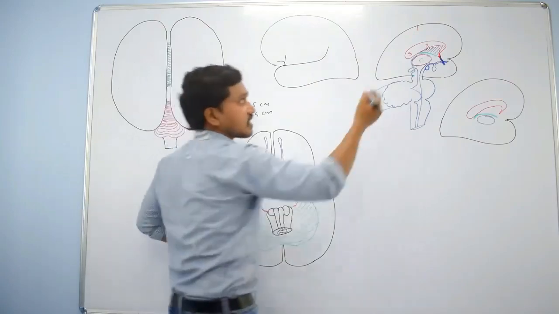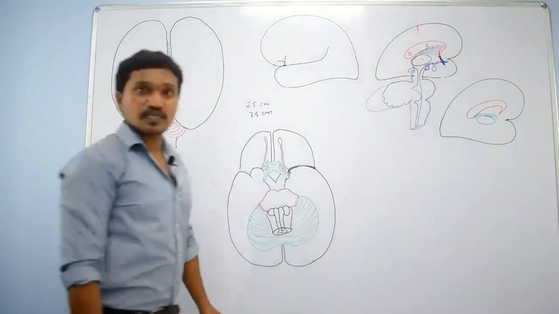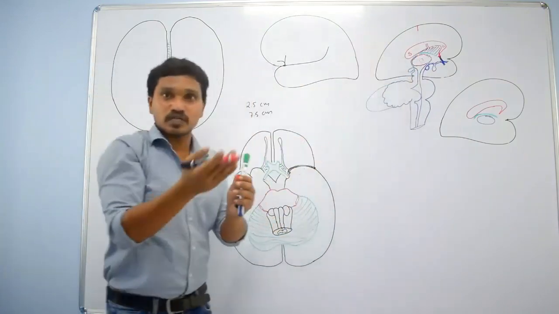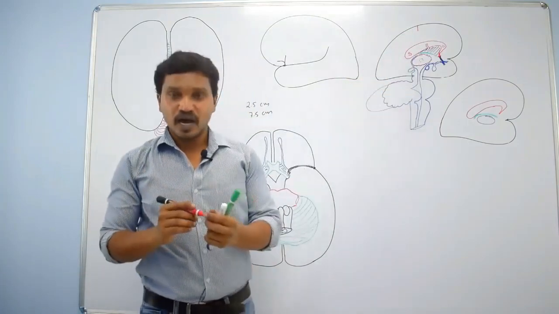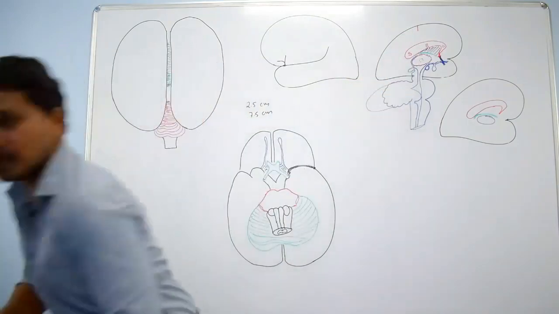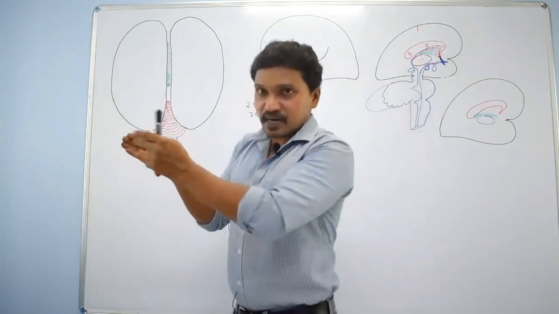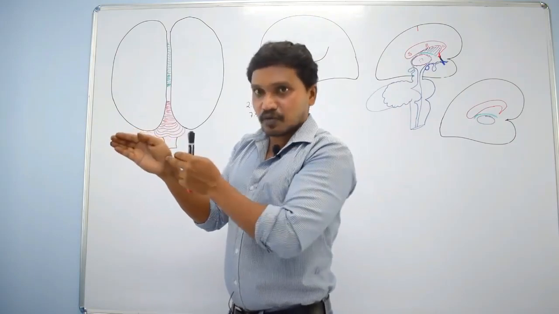This central sulcus arises from here, but it winds around the superior medial border. Again, let me show you. This is the medial surface, this is the anterior pole and this is the posterior pole, that means the frontal pole and occipital pole.